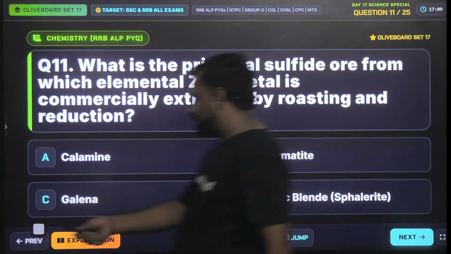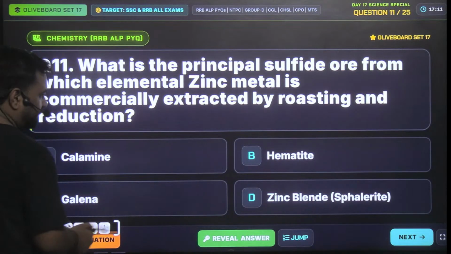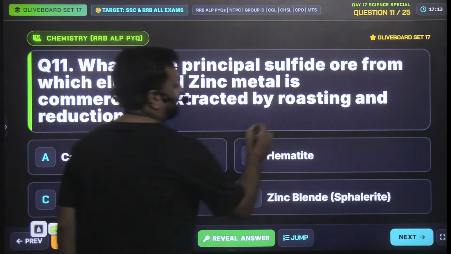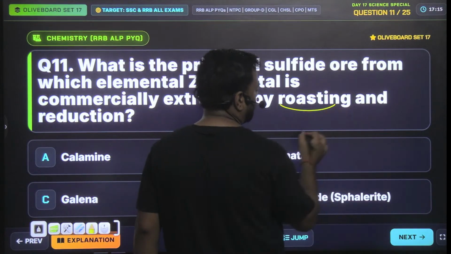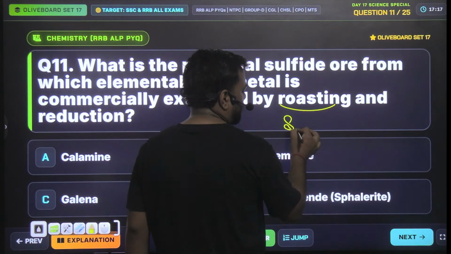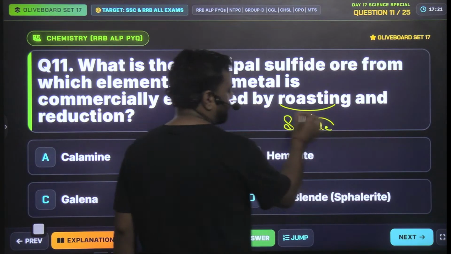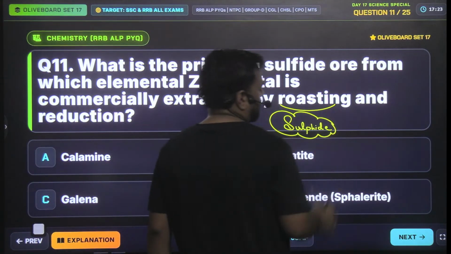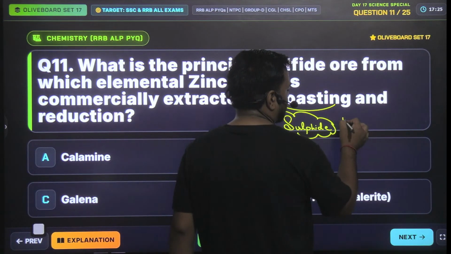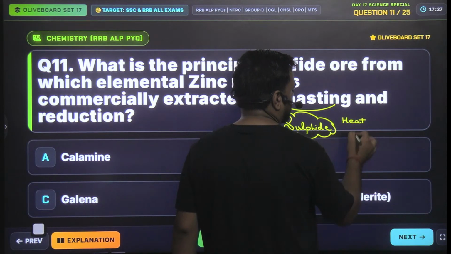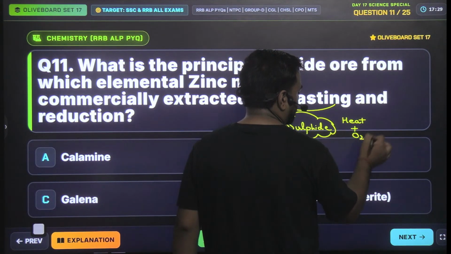By the time you're answering this, I have a few points. When someone asks you about roasting, do you know what roasting is? Roasting is done for sulfide ores for the extraction of metals because they are moderately reactive. Here we heat the ore in excess of air.